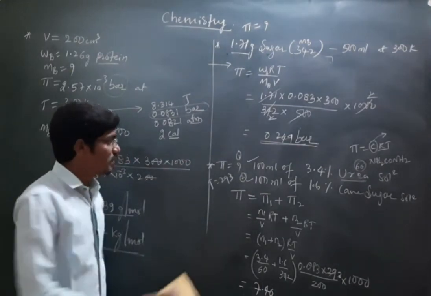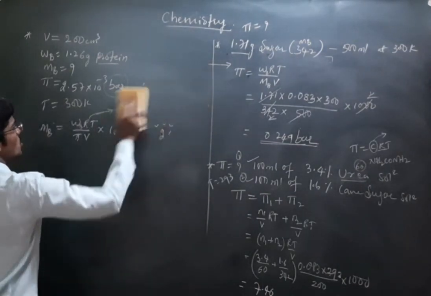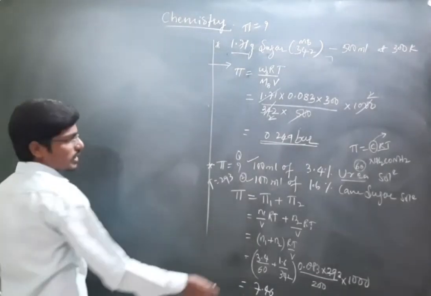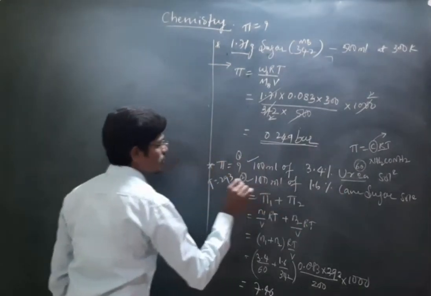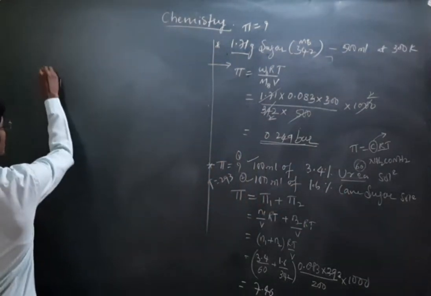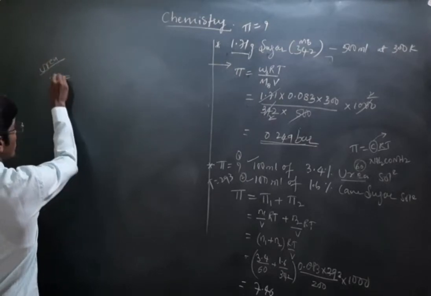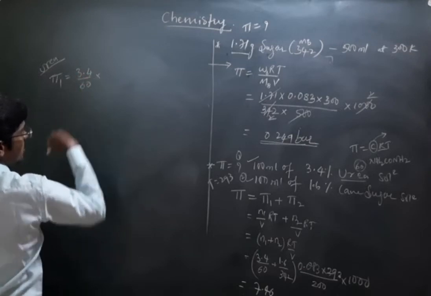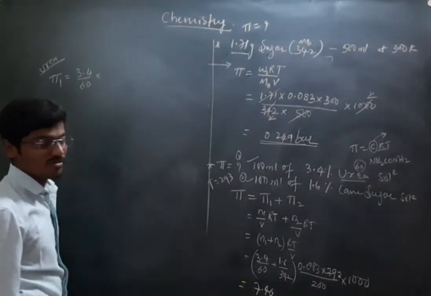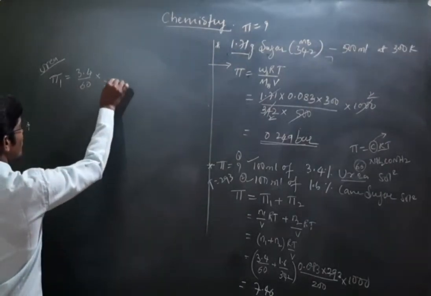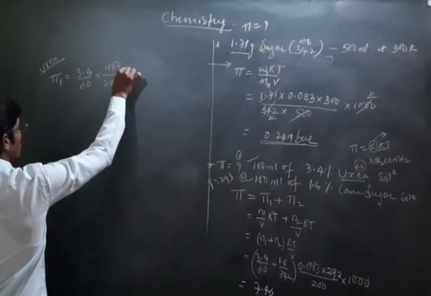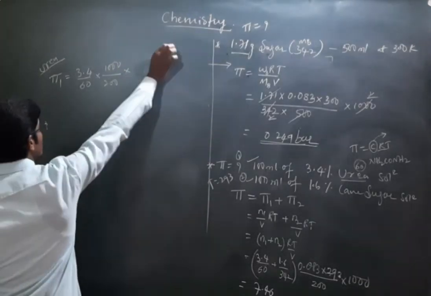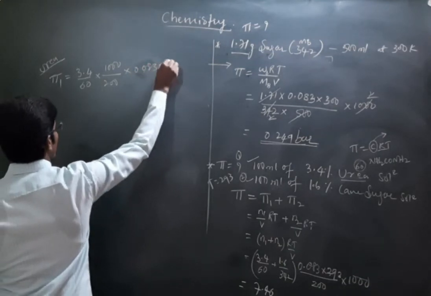What about the second method? In the second method, you individually calculate the pi values. Individually means how? The given mass, molar mass, and volume are known. So for pi 1, that is for the urea solution, pi 1 is 3.4 divided by 60, that is given mass by molar mass, the number of moles, divided by the volume of the solution, into R into T. The R value is 0.083 and T is 293.